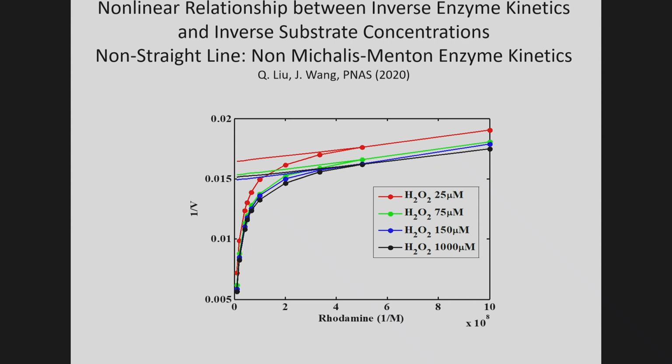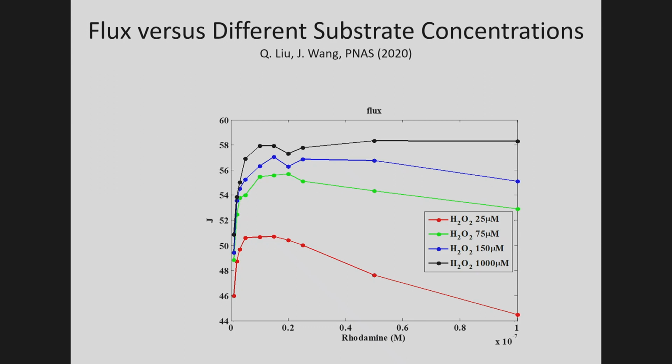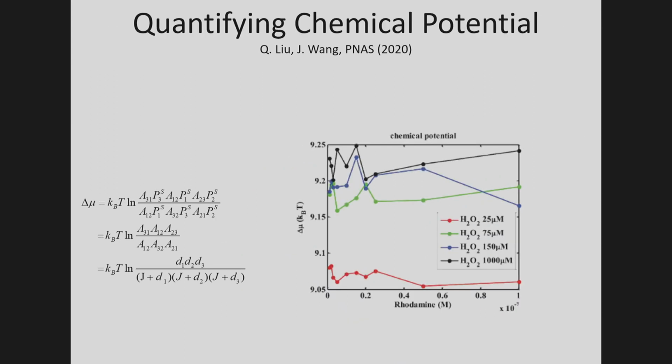And as one can see, this is not a straight line, it's actually curved. And this immediately says it's very much deviated from the Michaelis-Menten relationship or the Michaelis-Menten rate. And that's because this internal flux is not equal to 0. And there is a dependence of internal flux on the substrate concentration.